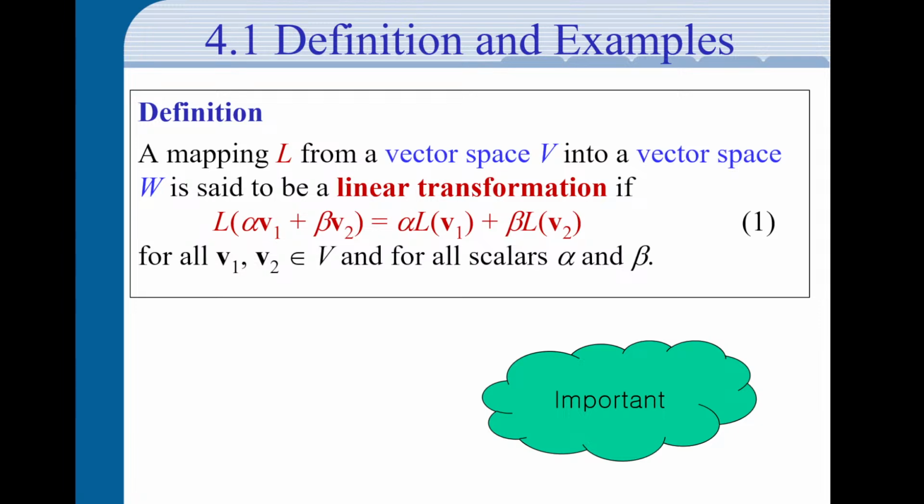This x is called the eigenvector, and lambda is called the eigenvalue. From that equation, you can move things around. Ax equals lambda x, then A minus lambda I times x equals 0. That means the null space of A minus lambda I is not equal to 0, so this matrix is singular, and that means the determinant of A minus lambda I equals 0.